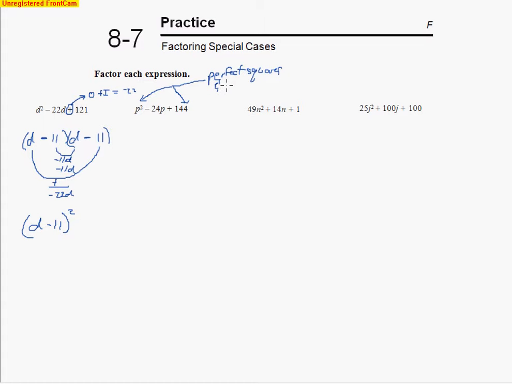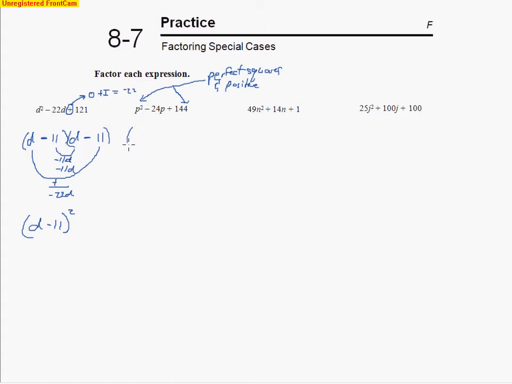The other thing we'll notice is that the outside terms and inside terms are the same. So once you find one, if you double it, you can check to see if it matches the middle term.